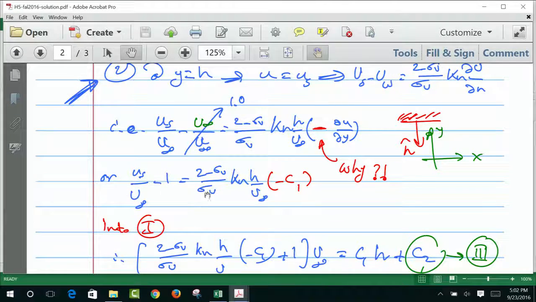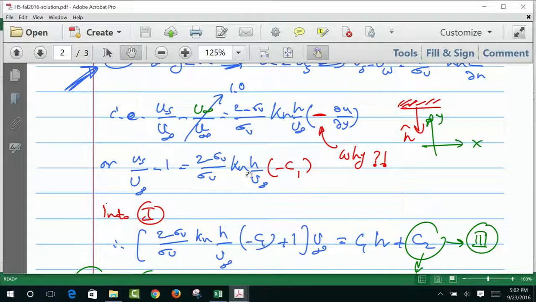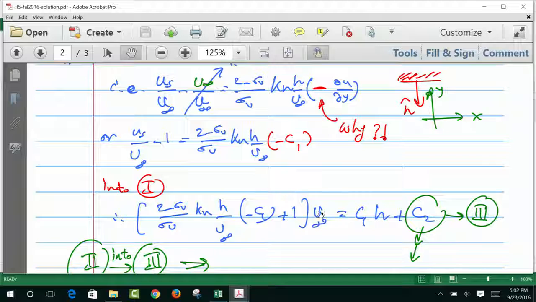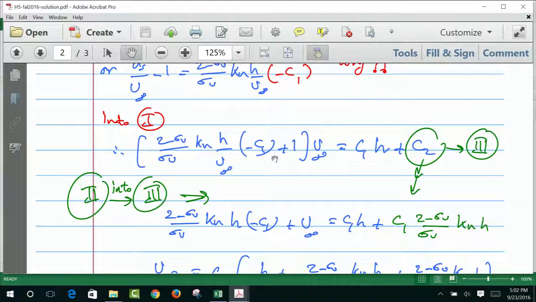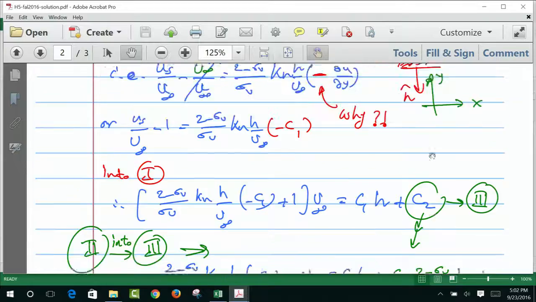What we just did is we found the velocity of the fluid at the top wall. It could have been u infinity if there was no slip, but it's actually u s minus u infinity equal to this. And so here's applying it in u equals C1 y plus C2. U here is the velocity, C1 y, what's the y at the upper wall? H, plus C2. And that's the second equation between C1 and C2.